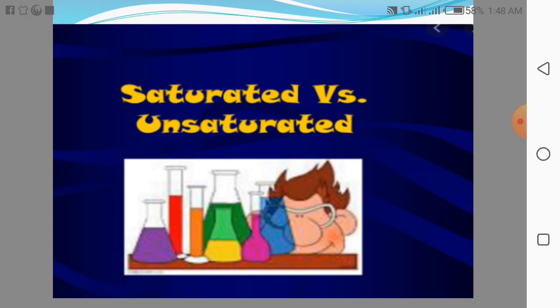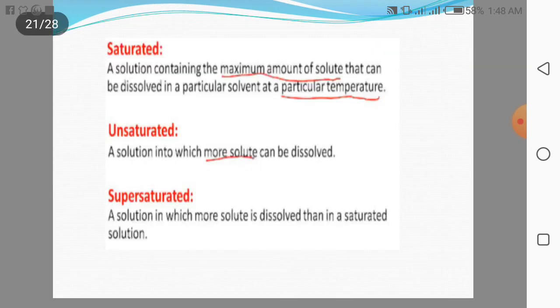Here we discuss saturated versus unsaturated. A saturated solution contains the maximum amount of a solute that can be dissolved in a particular solvent at a particular temperature. For example, sugar dissolves in a solvent such as water at a particular temperature.